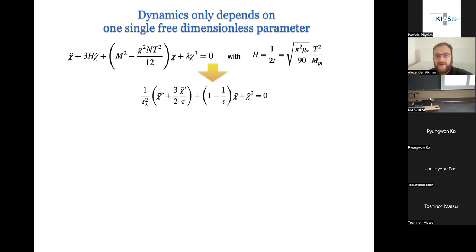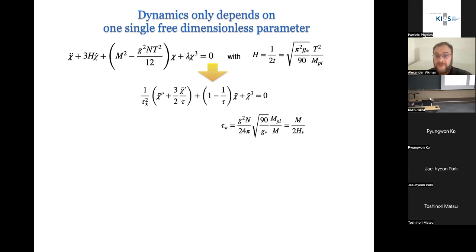If you stare at this equation, you see a very interesting point: this tau star suppresses all your derivative terms. So it's similar to the WKB approximation, actually. If tau star is large, in that case we can trace the minimum. If tau star is small, then we are beyond the adiabatic approximation, and we cannot sit in the minimum.